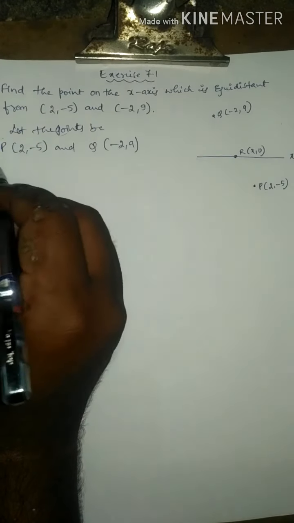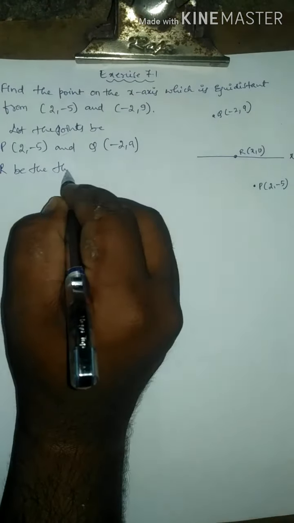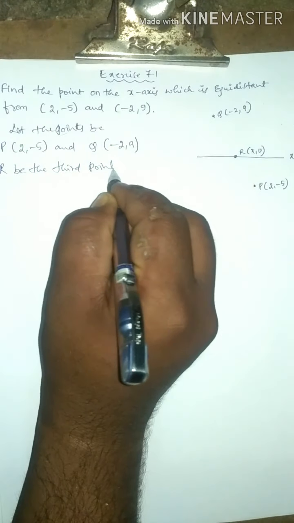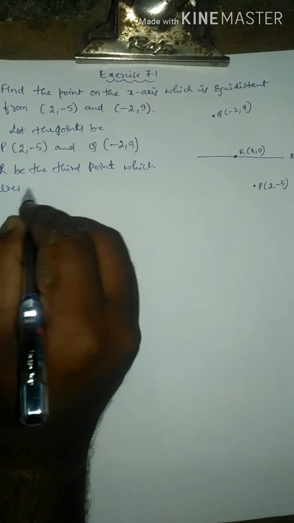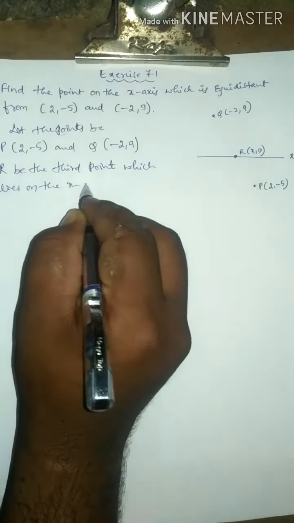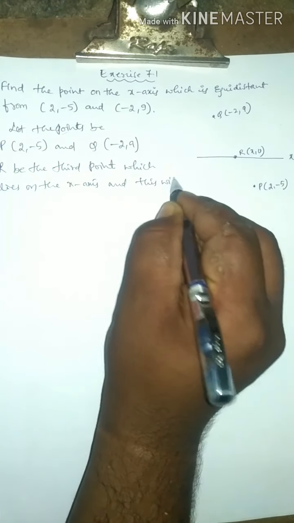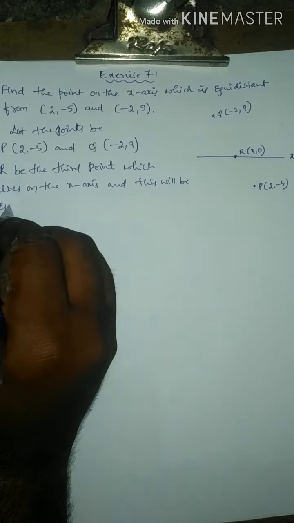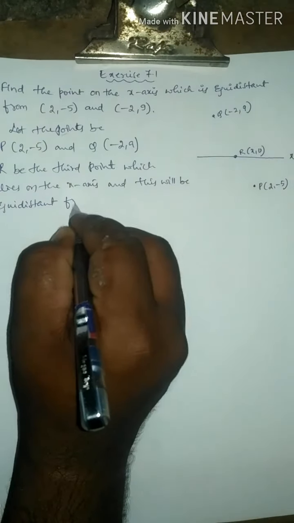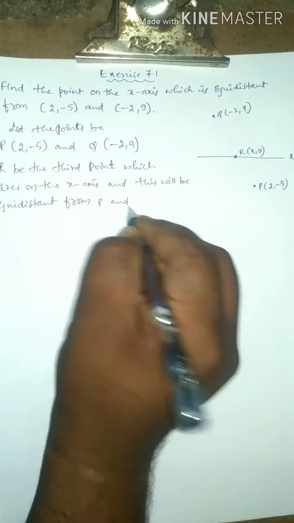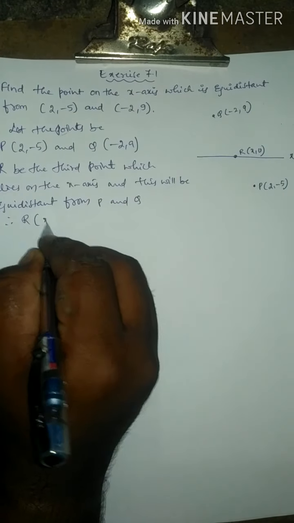And one more condition you have to write: R be the third point which lies on the x-axis, and this will be equidistant from P and Q. Therefore, R of x comma 0 I take.